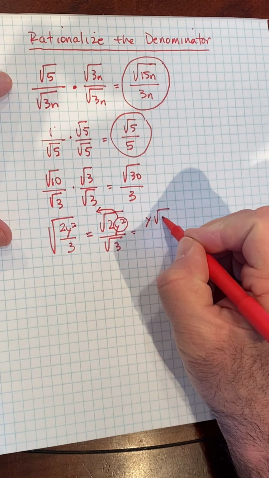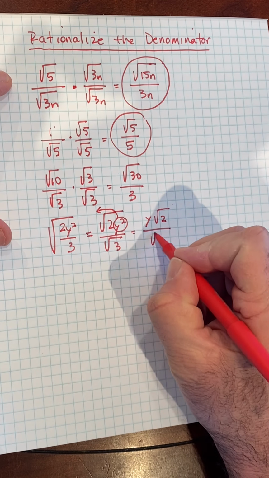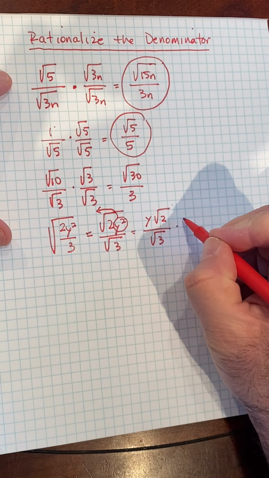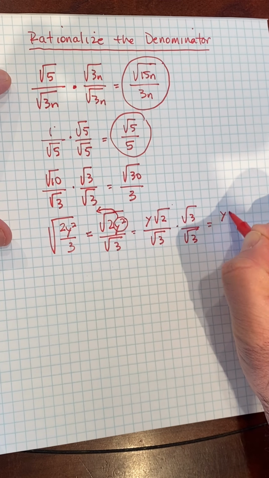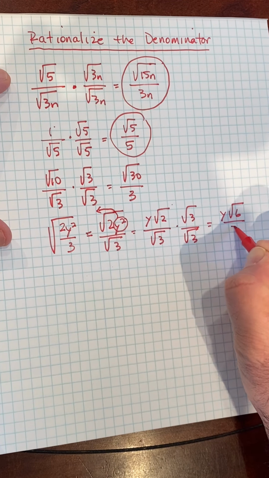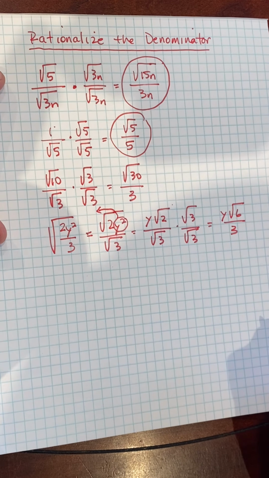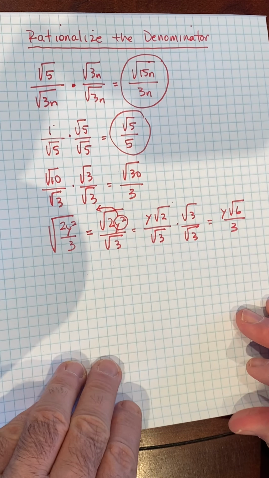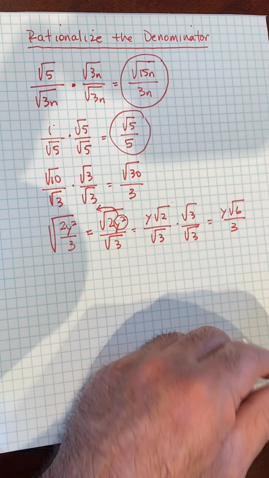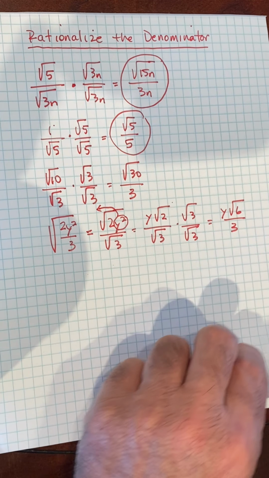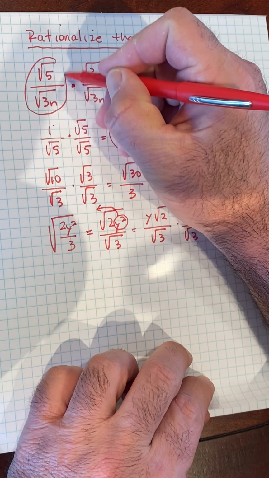So y root 2 over root 3. Then rationalize the denominator, and I have y root 6 over 3. Okay? So that's how you rationalize the denominator when the radical expressions are in this form here.